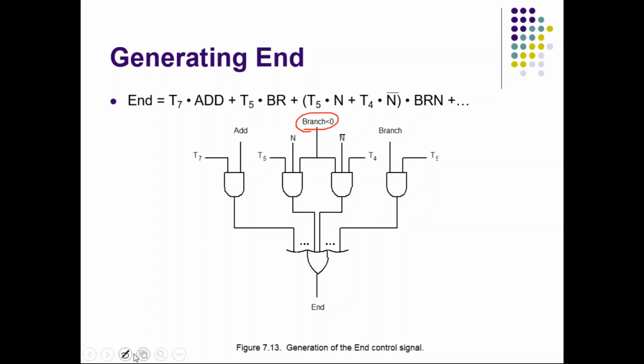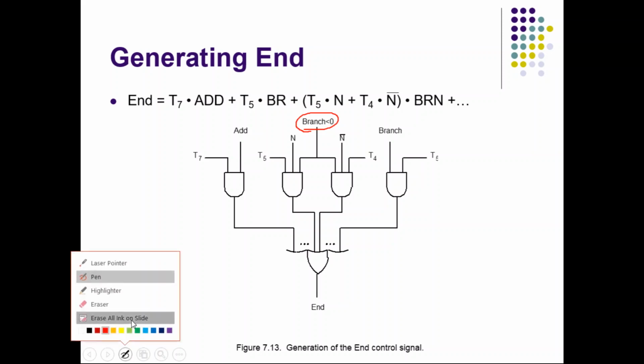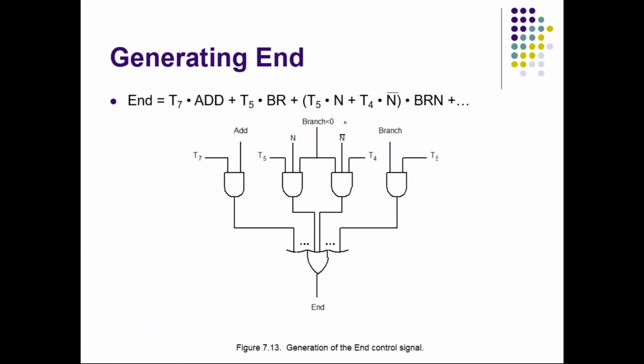That's the point, because you cannot have a negative value for the branch address. If the branch address is negative, then it will directly end. T4 will execute, which will make it end. If n is positive, then T5 will execute, which will execute the branch and then it will end.